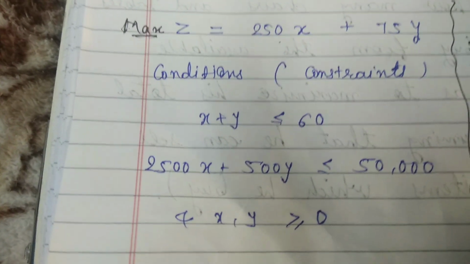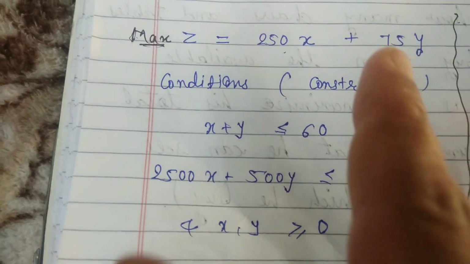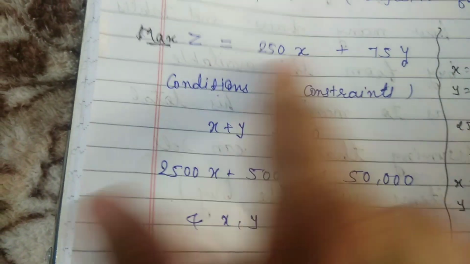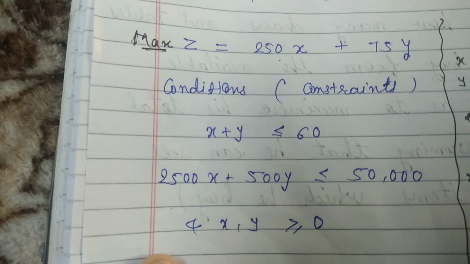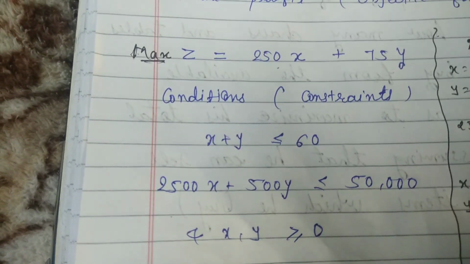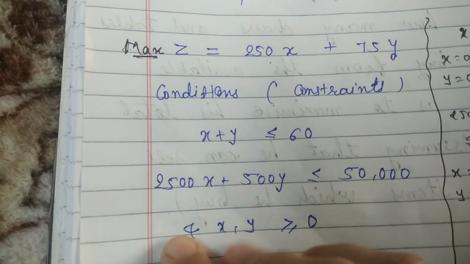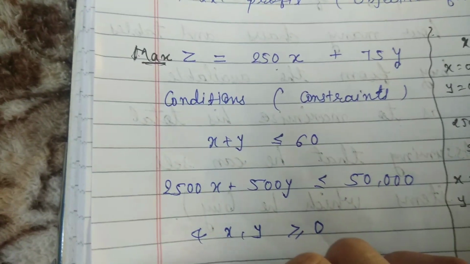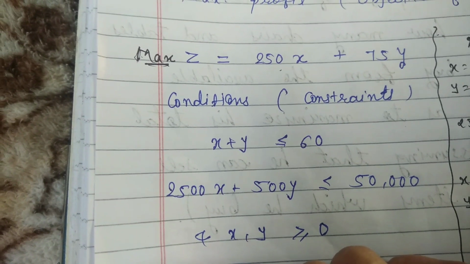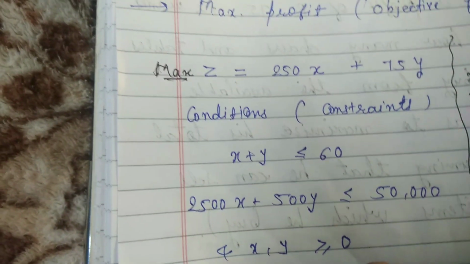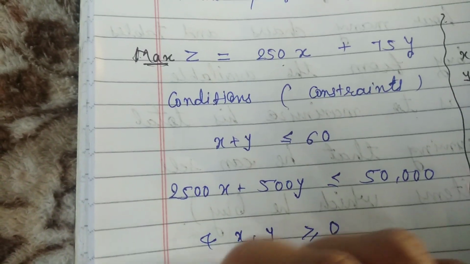To maximize and minimize this, first we have to form a graph with these constraints. We know how to solve inequalities; we did it last year in the 11th class, how to find the solution of inequalities and how to represent it graphically. All these things we have done. Now again we will see the same thing.